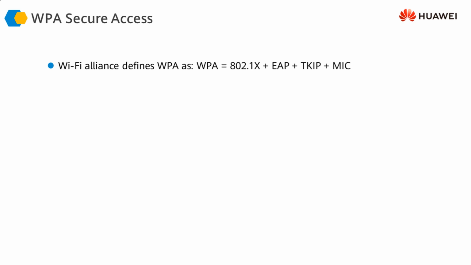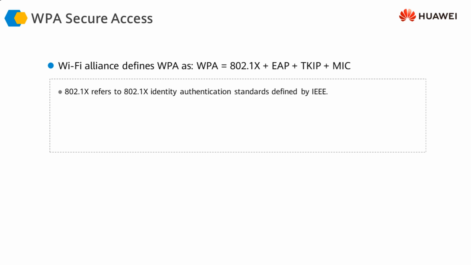You know what 802.1x is, hopefully. EAP stands for Extensible Authentication Protocol. TKIP stands for Temporal Key Integrity Protocol. We saw that a couple of slides back on the slide which showed all the abbreviations. And MIC stands for Message Integrity Code.